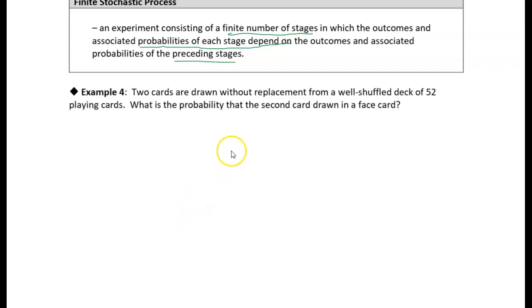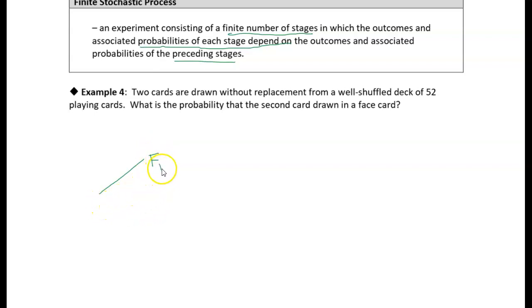So let's draw a picture, a tree diagram of what that looks like. Our first stochastic event, our event of chance, is drawing the first card. I'm going to call that F1.